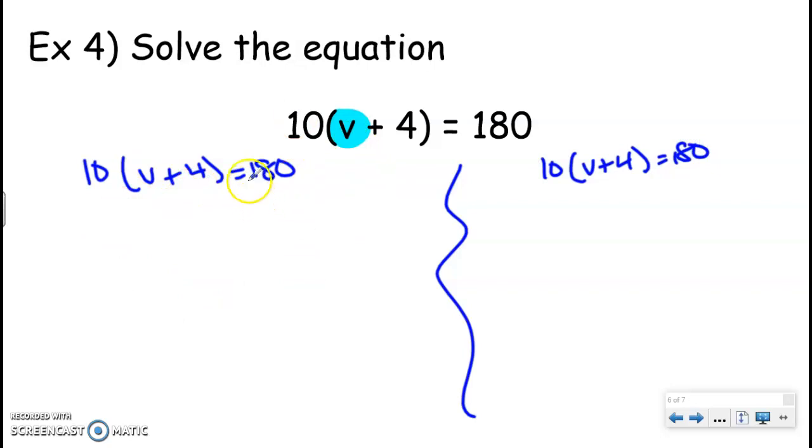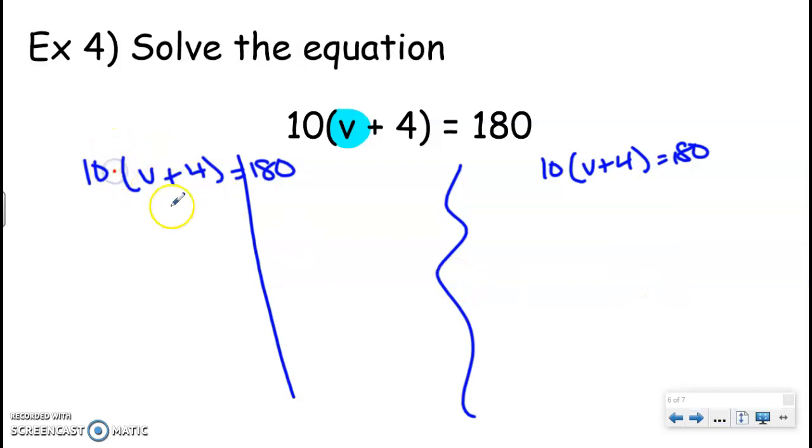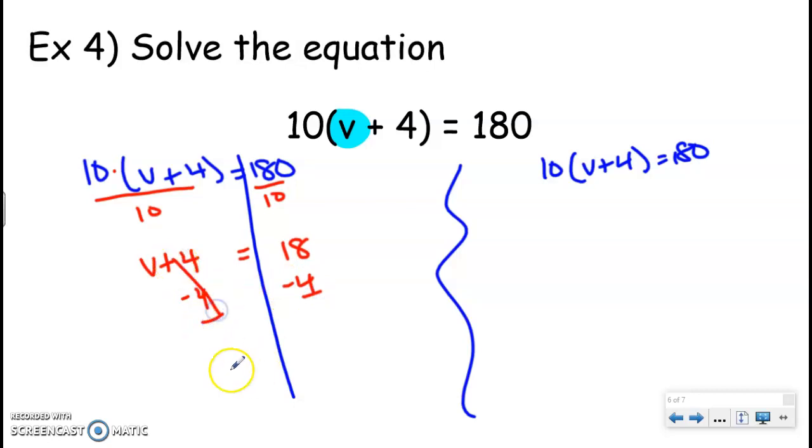On the first one, I want to keep this a two-step equation. So I could look at this as a multiplication problem. To undo multiplication, I can divide by 10 on both sides. So I'm left with v plus 4 equals 18. Now I have a simple one-step equation, so I could subtract 4 from both sides to get 14.